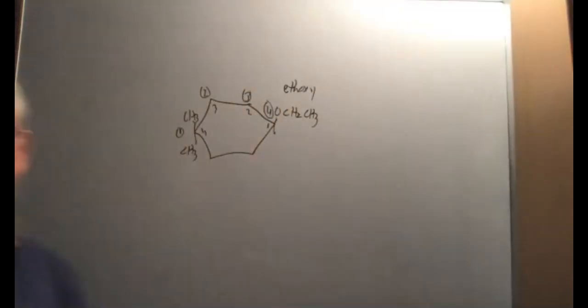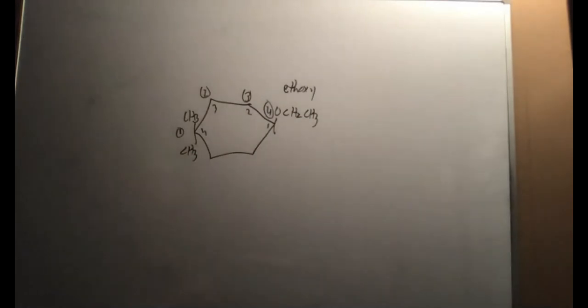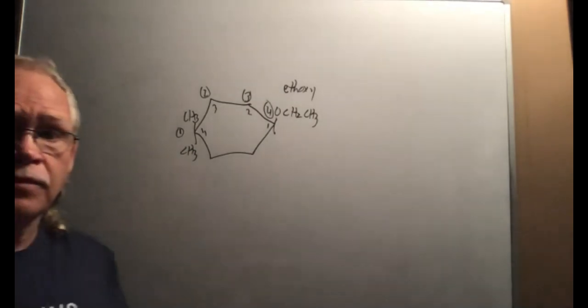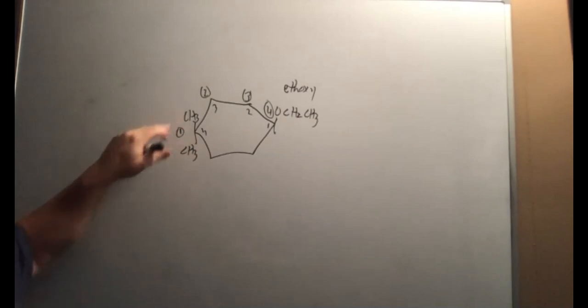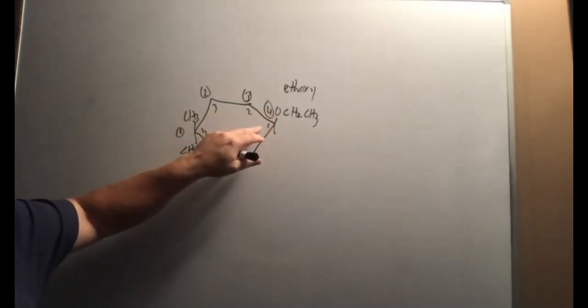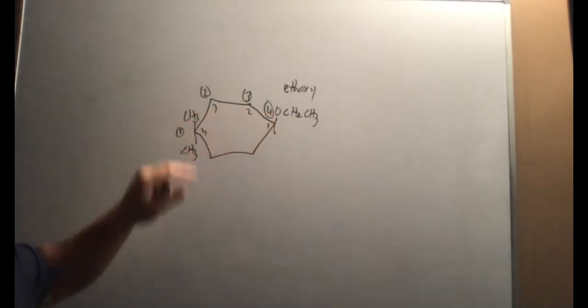Who wants to take a shot at that? Which one is correct and why? Do I use the numbers inside the ring or outside the ring? Which way? I use the numbers outside the ring because notice that gives me 1, 1, 4, and the numbers inside would give me 1, 4, 4.